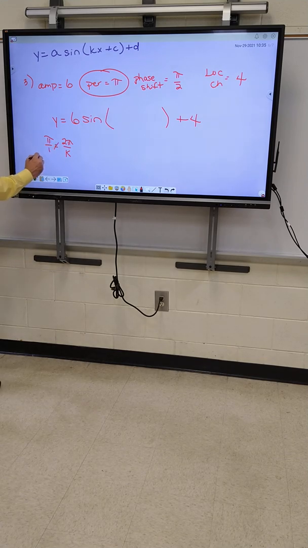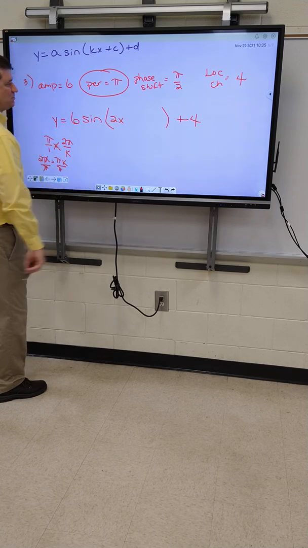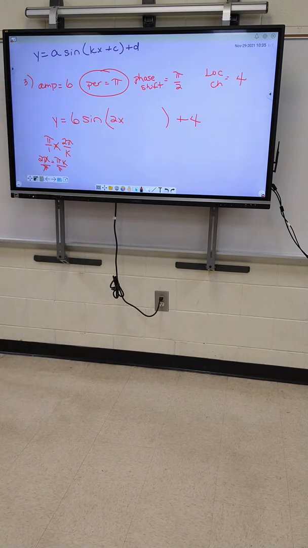When I go this way, I got 2 pi. When I go this way, I got pi and k. What do I divide by on this one? Pi. So that pi cancels out, and I just got 2. Everybody see how I got 2?